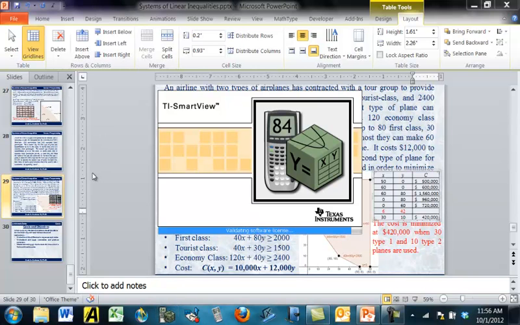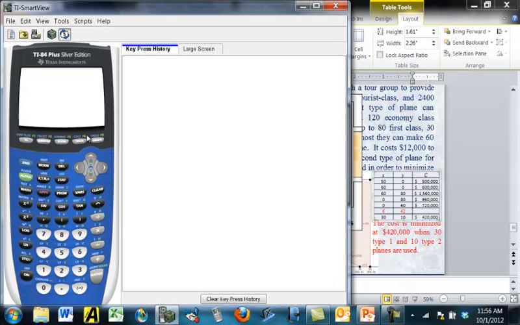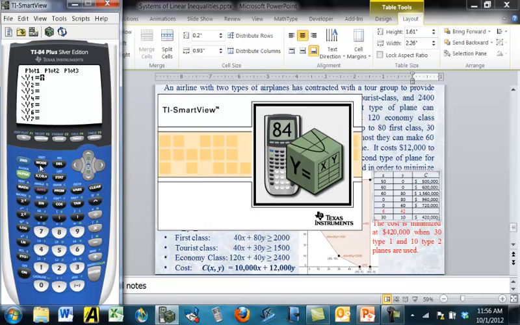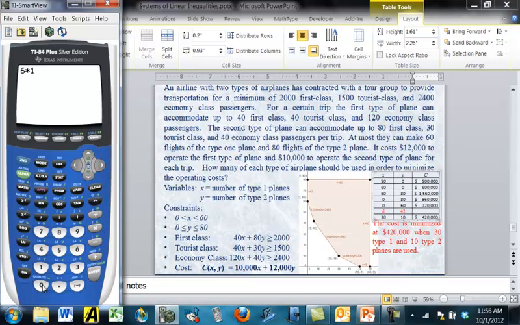Okay, we need 10,000 times, so we need 6 times the 10,000 plus 42 times the 12,000, and that is 564,000.